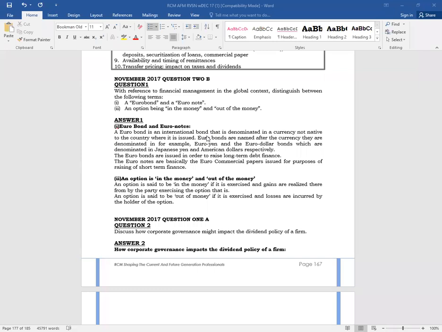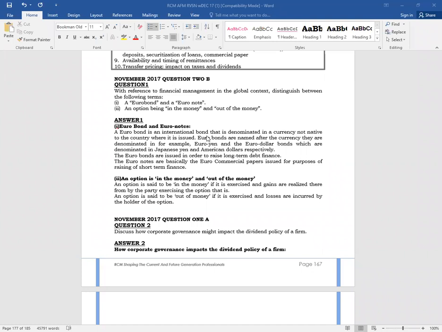That is one of the surest ways of ensuring that local loans are not very expensive. If you want to reduce the interest rate, let the government not be a player in domestic borrowing. So a Eurobond is an international bond used to borrow international loans.